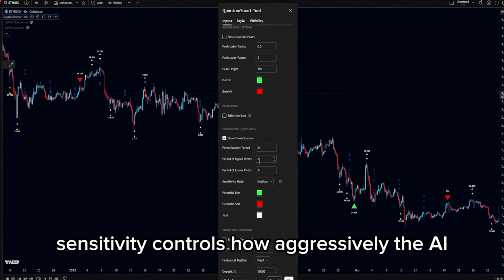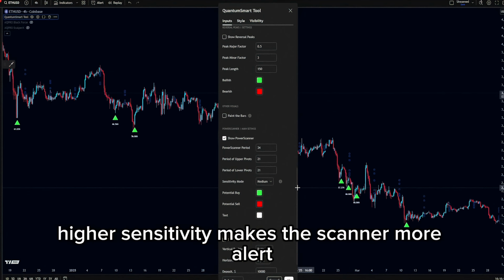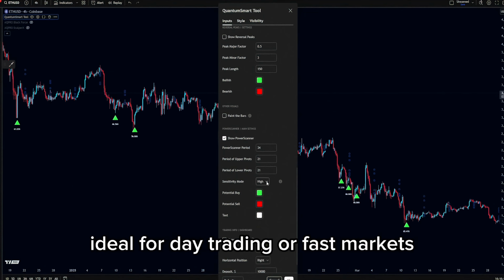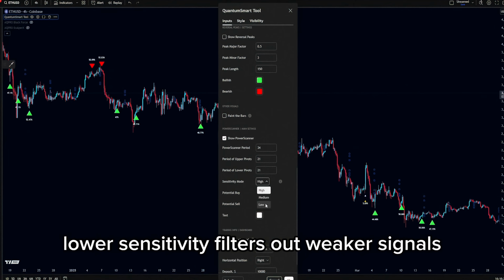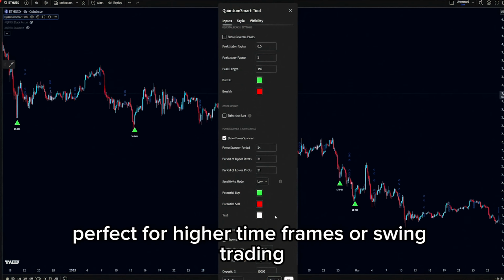Sensitivity controls how aggressively the AI looks for potential reversals. Higher sensitivity makes the scanner more alert, producing earlier warnings, ideal for day trading or fast markets. Lower sensitivity filters out weaker signals, showing only the most significant trend shifts, perfect for higher time frames or swing trading.